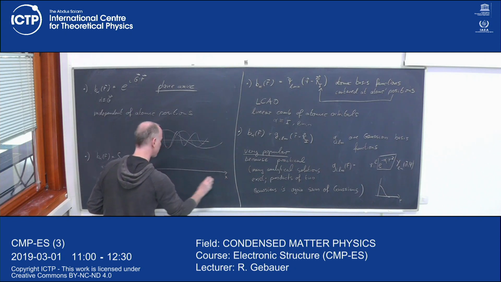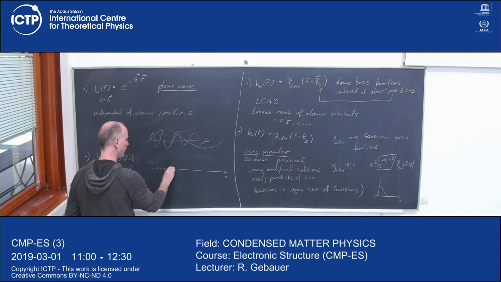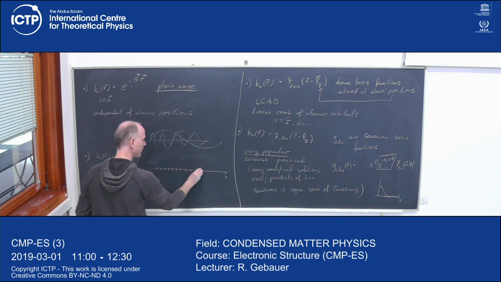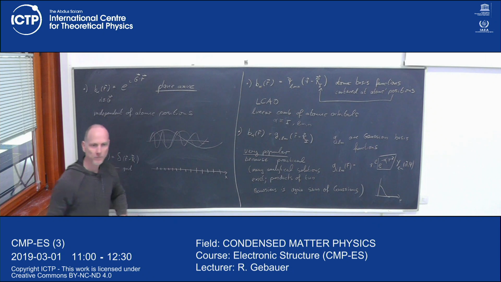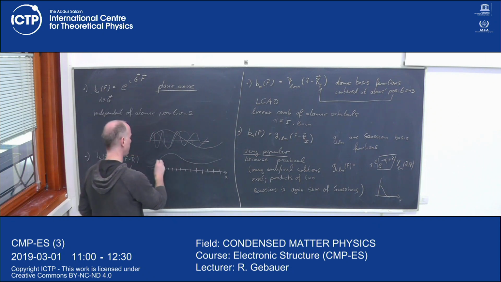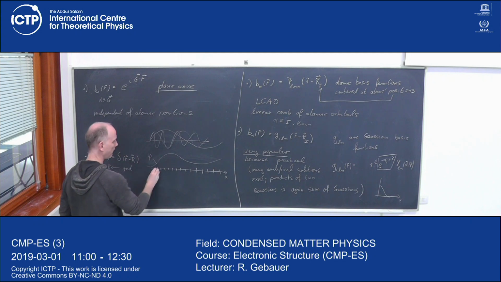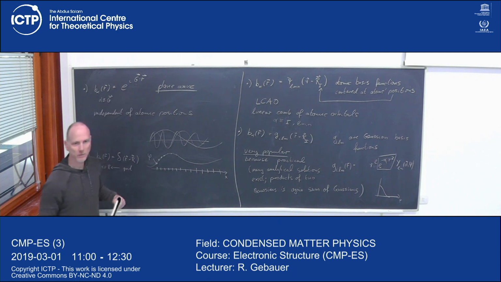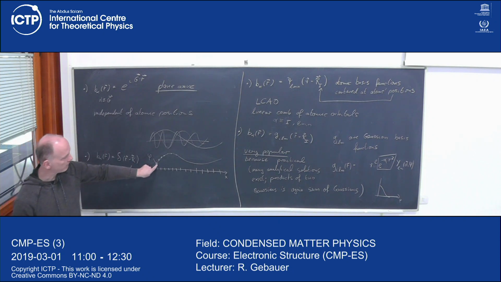You have space, for example x, and then you define a grid of points, all at equal distance, and your wave function phi, if this is the wave function which you would like to describe, you describe it with its values on this grid. So the C alpha, what you keep in the computer, is the value of the function at each grid point.